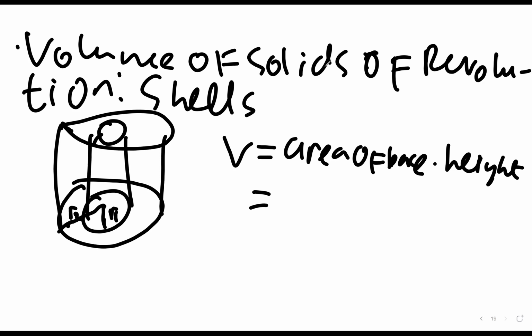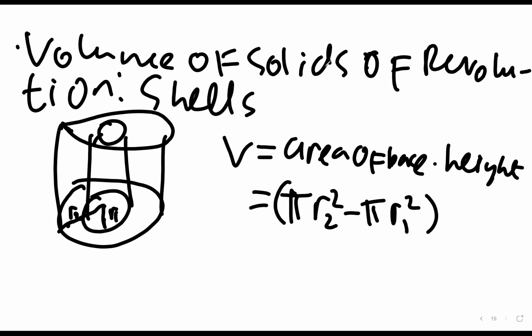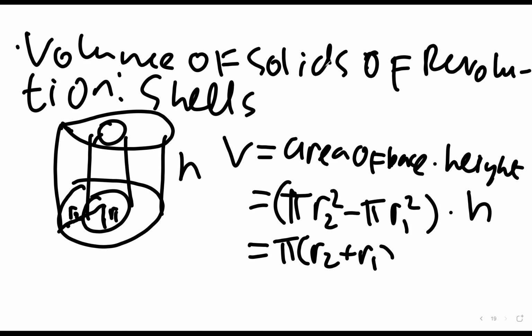Then of course you can calculate it by pi R2 squared minus pi R1 squared, all of this multiplied by the height, namely h. And you can factor this to become pi (R2 plus R1)(R2 minus R1) multiplied by h.